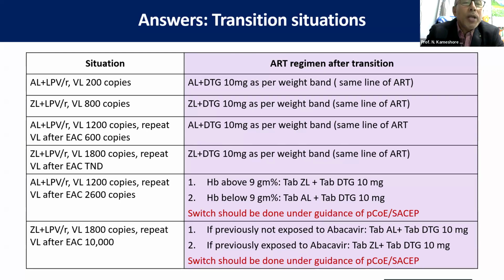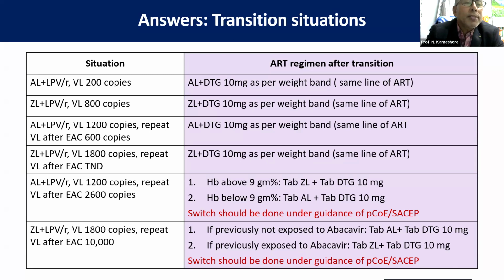AL and lopinavir, ritonavir, but viral load is 1,200 copies. We repeat the viral load after enhanced adherence counseling for 3 months. Then here it has reduced to 600 copies. So we will continue the same regimen, that is AL, with the transition of lopinavir, ritonavir to dolutegravir.